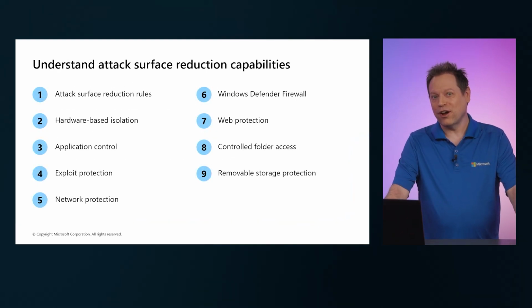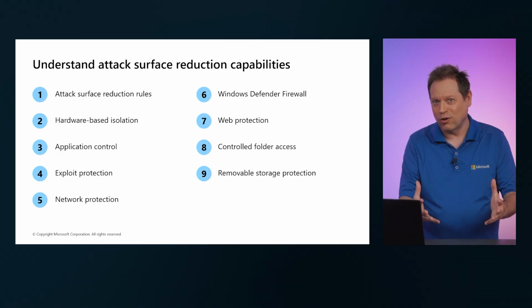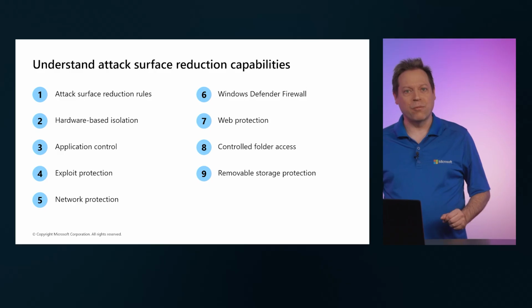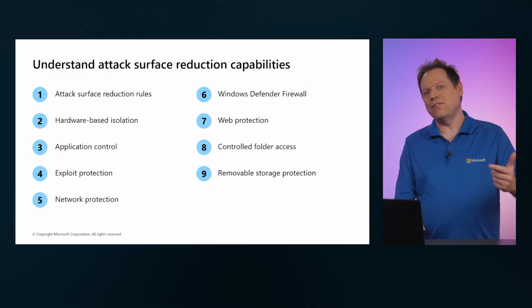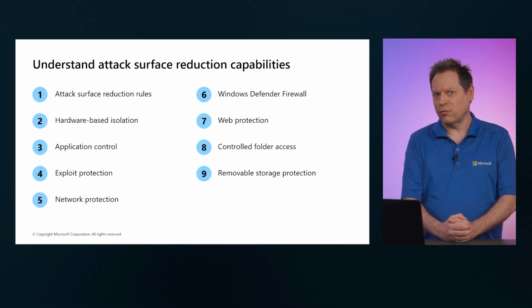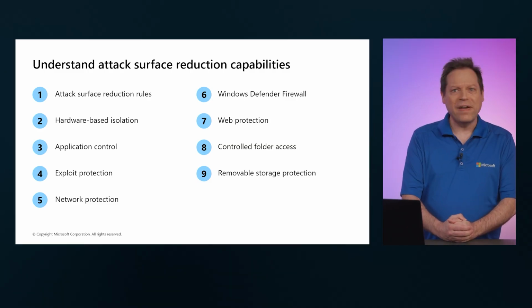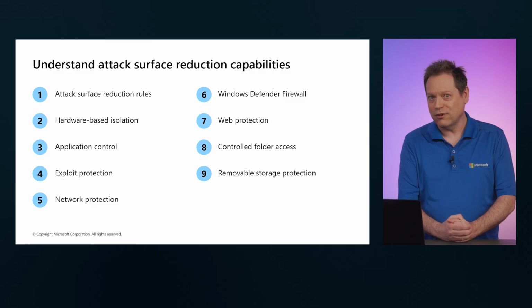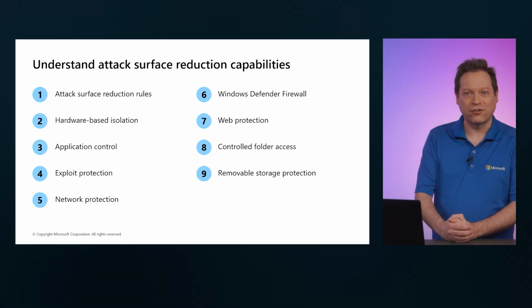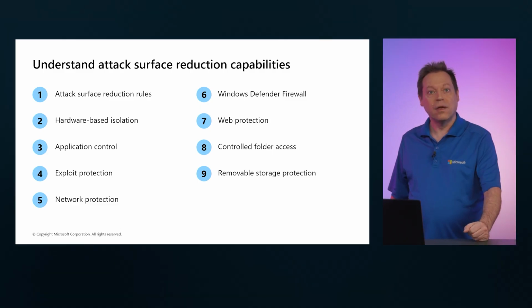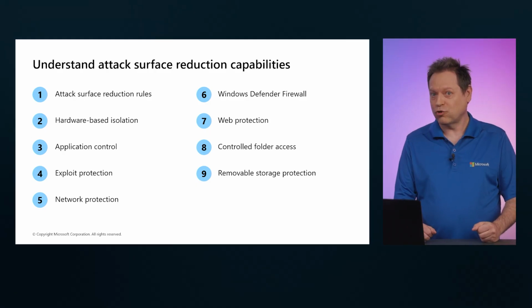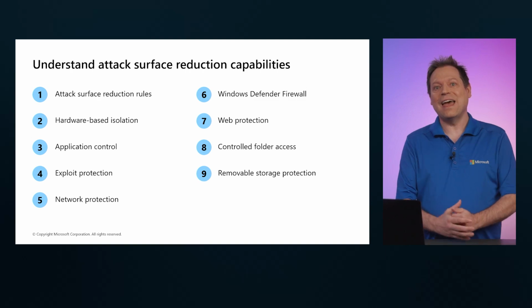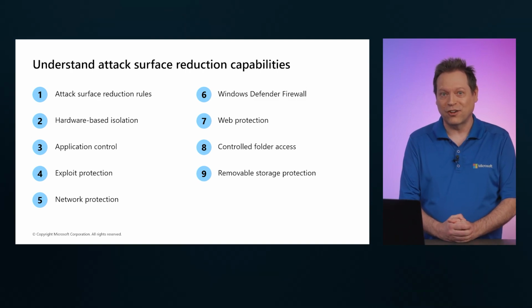Attack surface reduction in Windows is broader than just a single control. It's a collection of capabilities designed to reduce common attack paths. These include attack surface reduction rules, hardware-based isolation, application control, exploit protection, network protection, Windows Defender Firewall, web protection, controlled folder access, and removable storage protection.